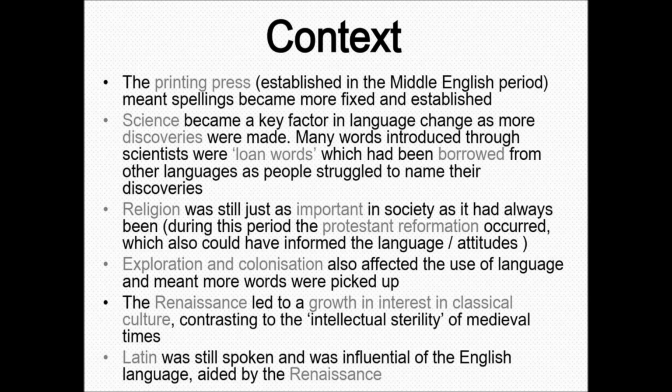Science became a key factor in language change as more discoveries were made. Many words introduced through scientists were loan words, borrowed from other languages as people struggled to name their discoveries. Religion was still just as important in society as it had always been. During this period, the Protestant Reformation occurred, which also could have informed the language and attitudes to a great extent.